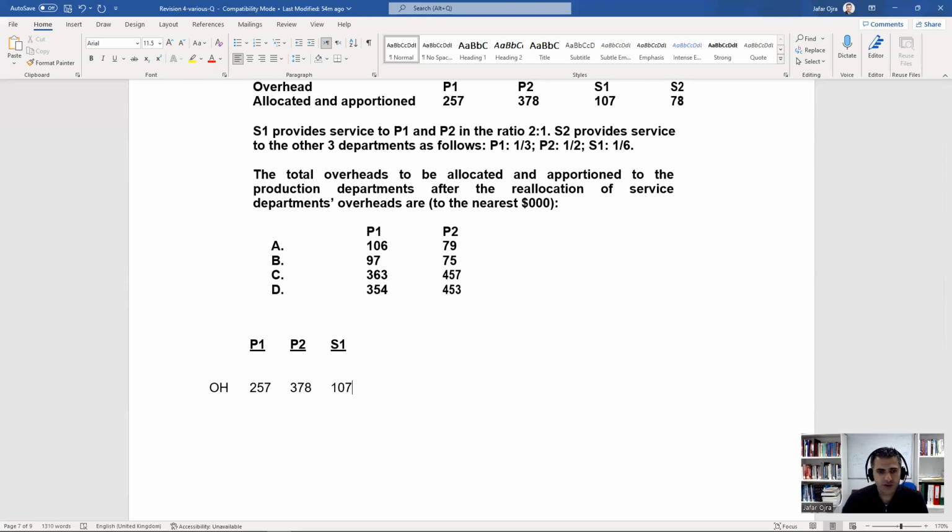That's the original overhead. And 78 for S2. Let me include S2 just to make it easier for you.